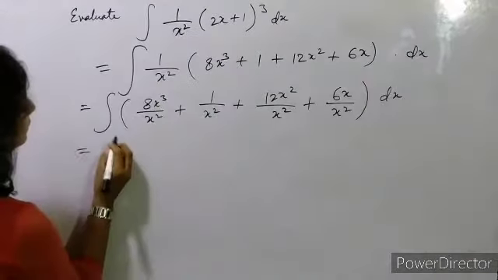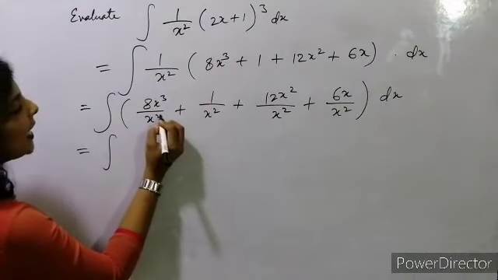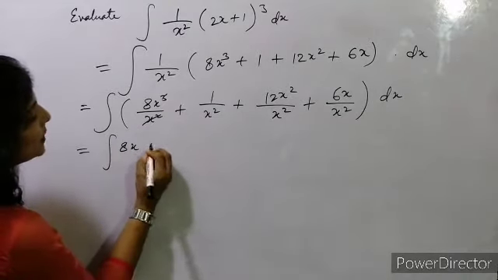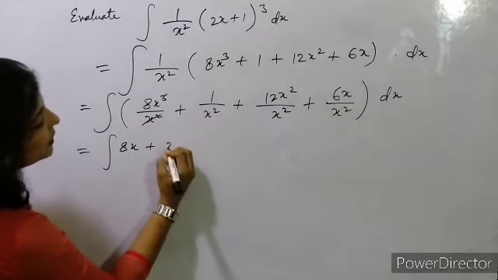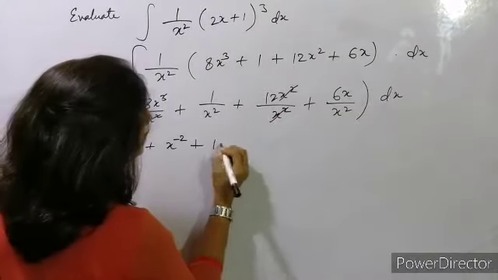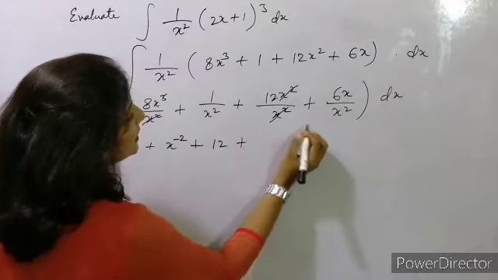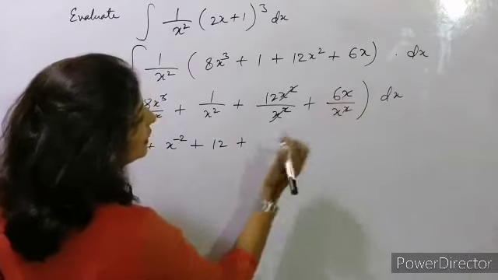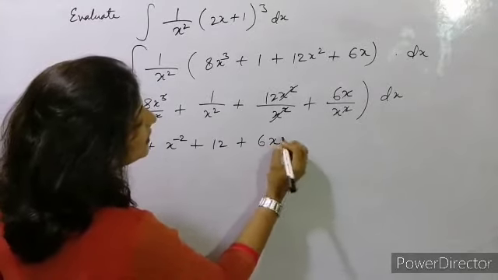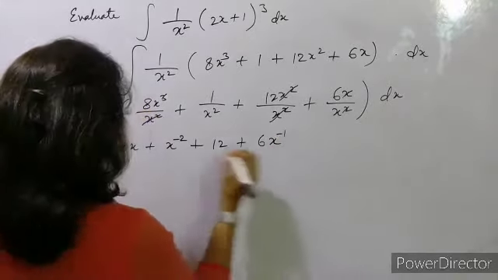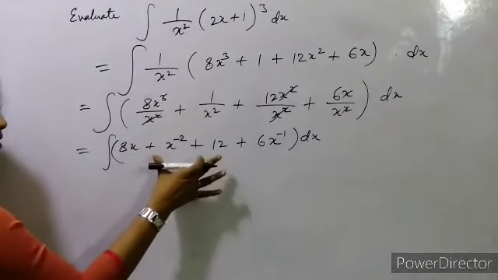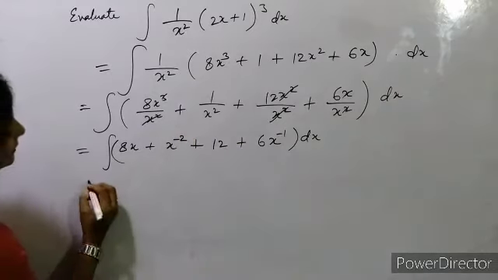So now what value are we having? x² cancel, so 8x plus 1 upon x², मतलब x to the power minus 2, plus x² cancel, so 12, plus 6x upon x², so it will be 6 upon x, so 6x to the power minus 1. ठीक है, so this value we are having and we have to find the integral of this function with respect to x.